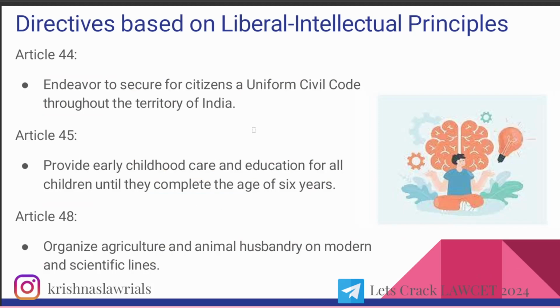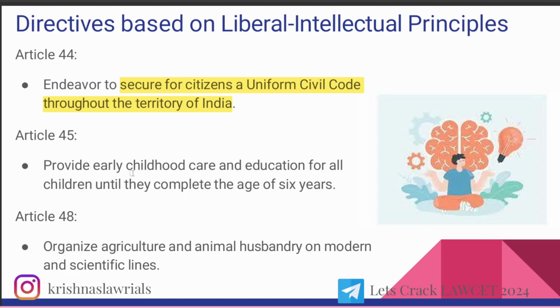Directive principles based on liberal intellectual principles. Under Article 44, the liberal intellectual principle says it is to endeavor to secure for citizens a UCC, Uniform Civil Code, throughout the territory of India. Throughout India, people should follow only one law. It is saying that it's the Uniform Civil Code.